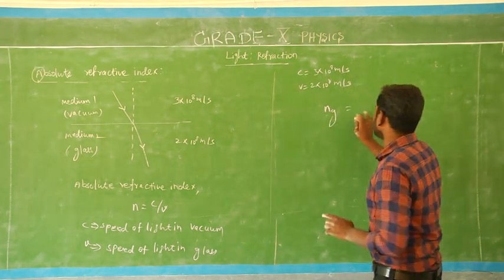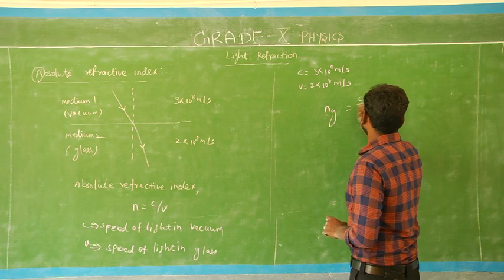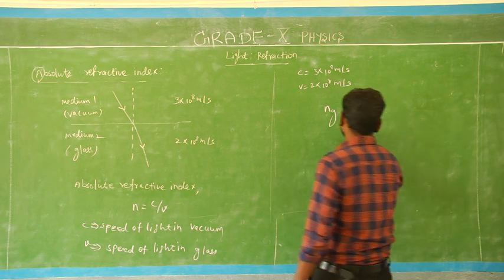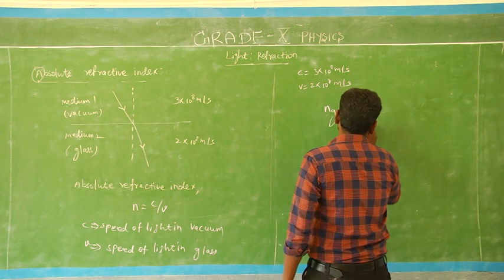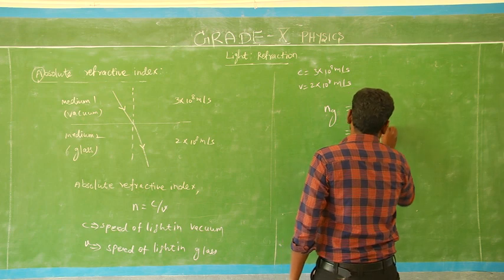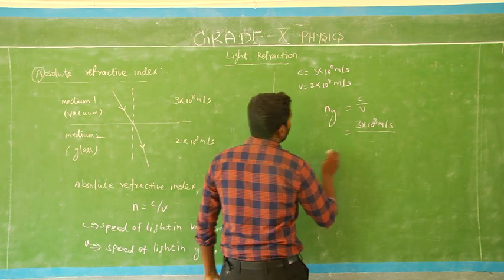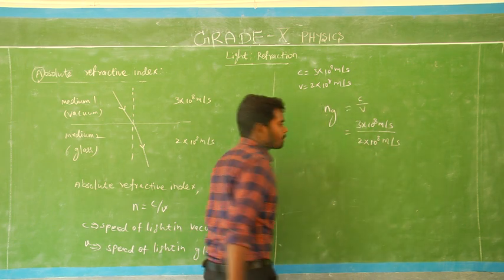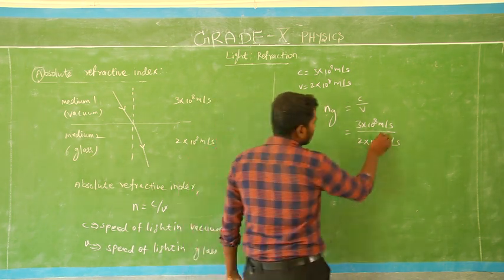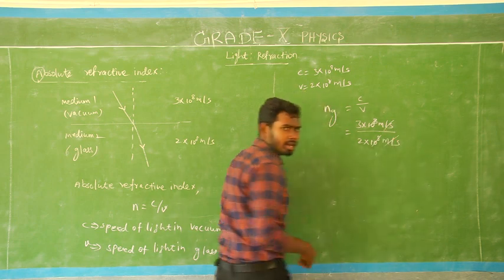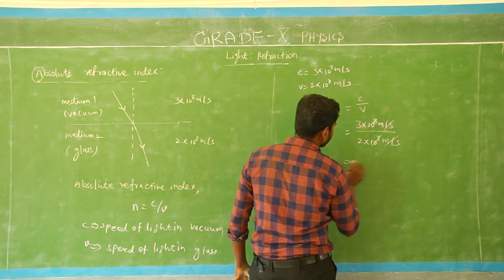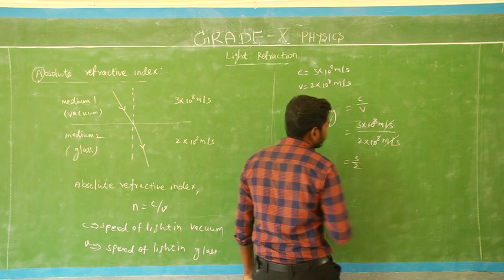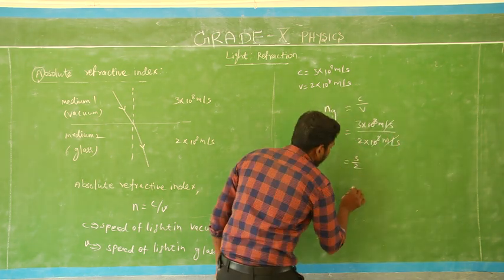So this is equal to C by V. What is the C value? 3 into 10 to the power of 8 meter per second divided by the V value, 2 into 10 to the power of 8 meter per second. Here 10 to the power 8 cancels, and meter per second cancels. So this is equal to 3 by 2, which is 1.5.